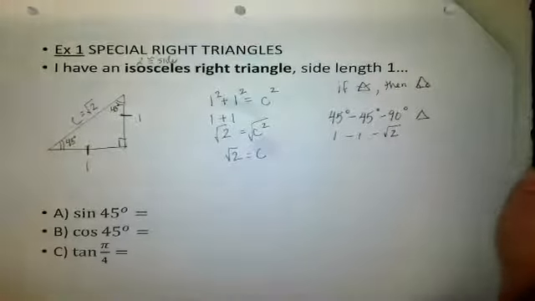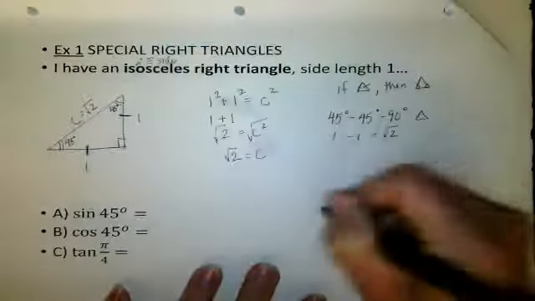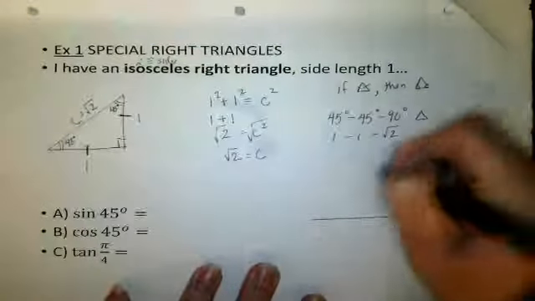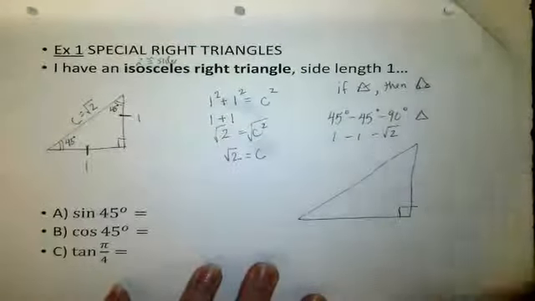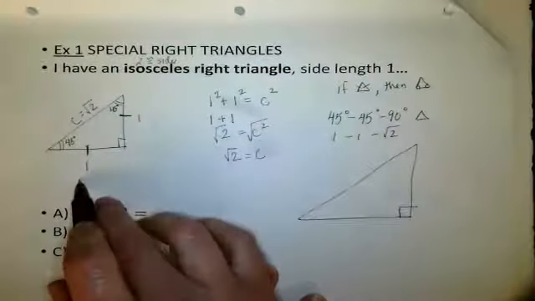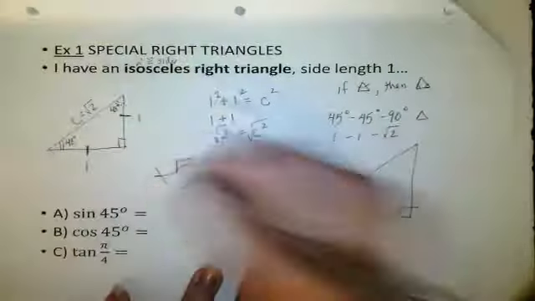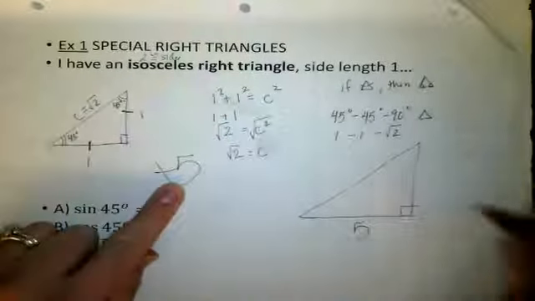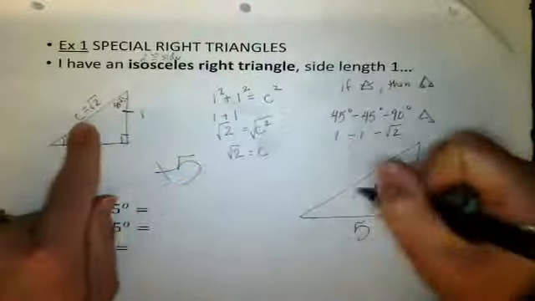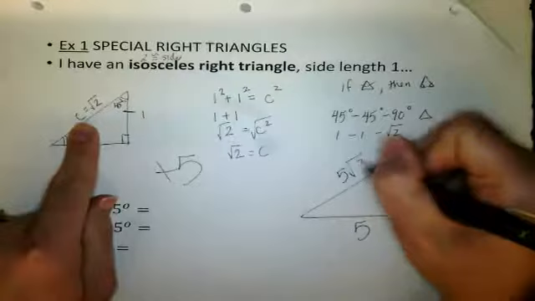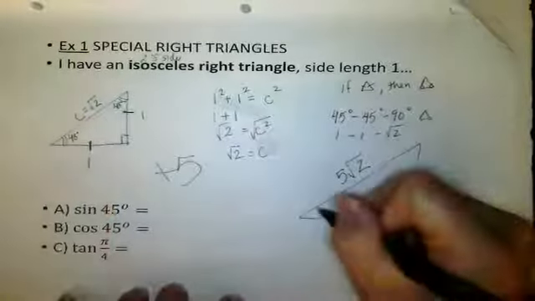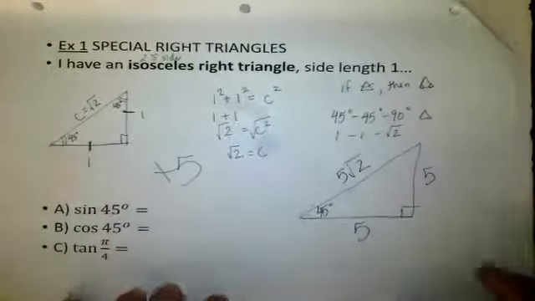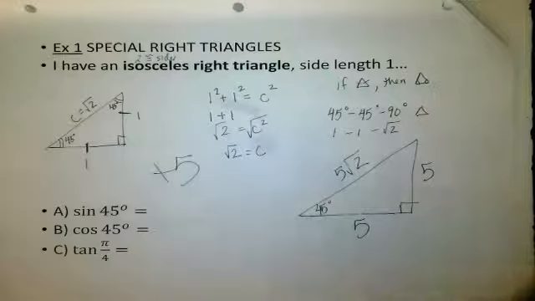Now, what we can do with this triangle is make it bigger. I could multiply every single side, say I'm going to make this triangle 5 times bigger. Then 1 times 5 is 5, and this becomes 5, and the hypotenuse will be 5 radical 2. And it's still a 45, 45, 90 triangle, right?